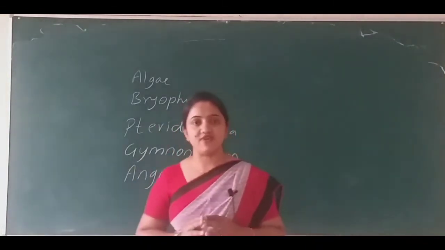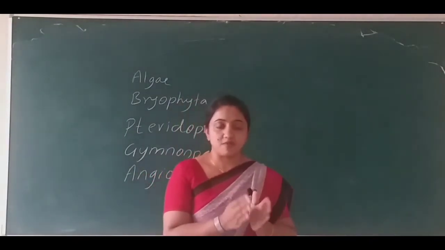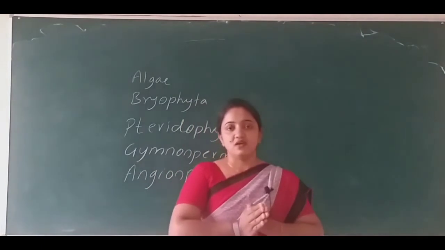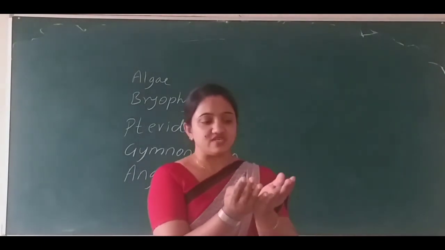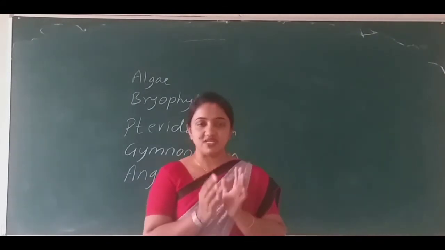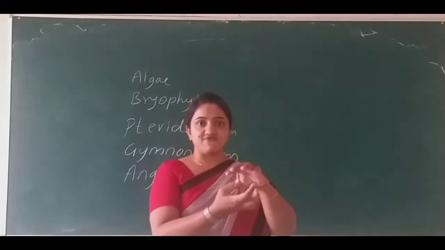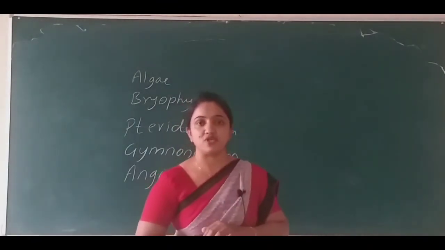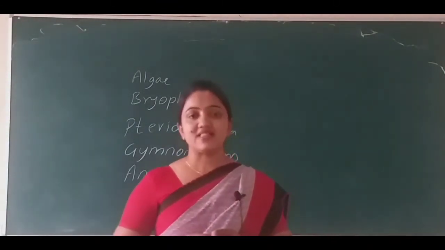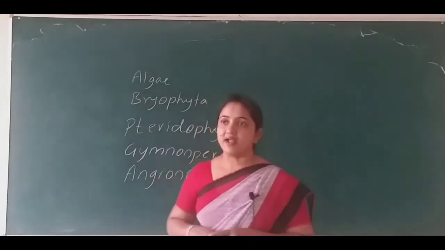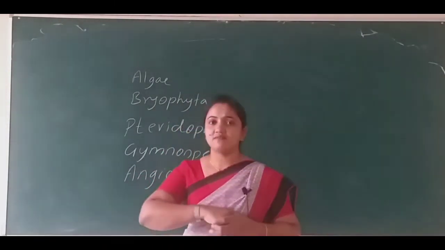But in the members or species of Bryophyta, we cannot differentiate the roots, stem and leaves of the plant body. That's why it is known as thallus, a thalloid plant body, and it is green in color.